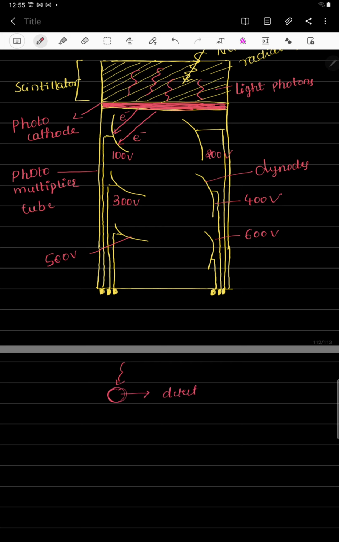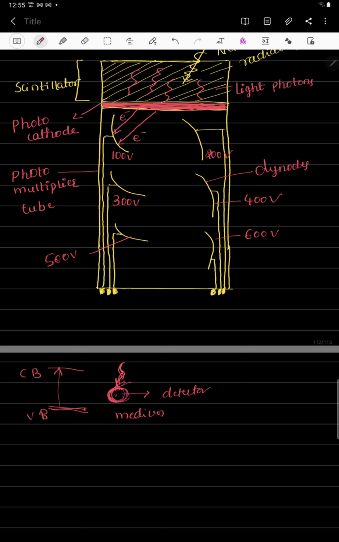The medium absorbs this energy, and the valence electrons present inside the medium go from the valence band to the conduction band.